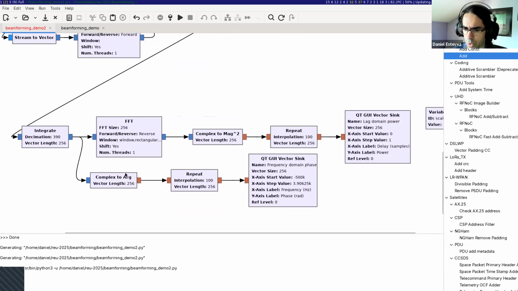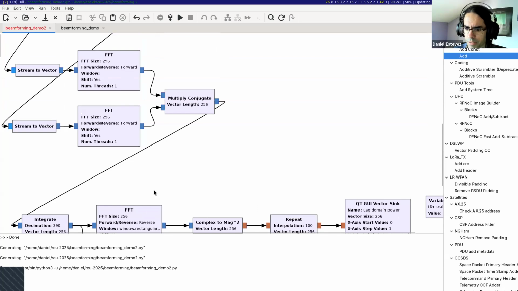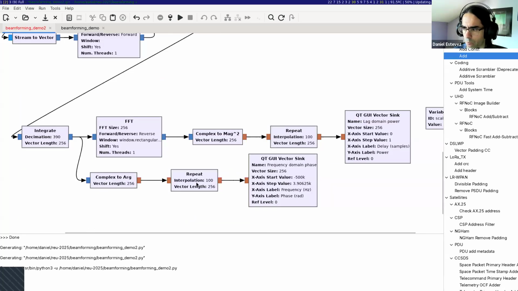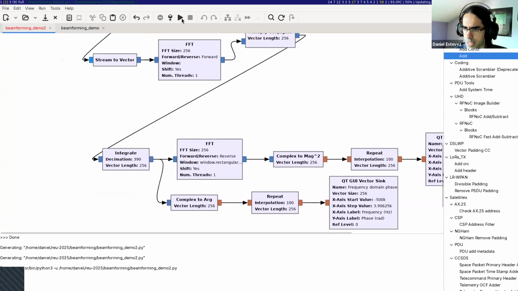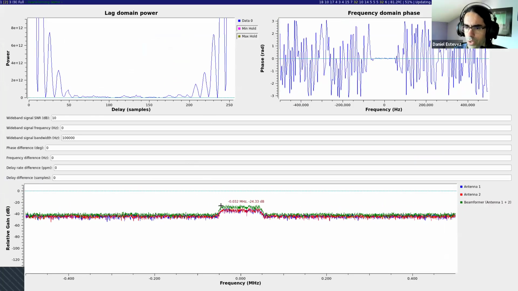The things I'm plotting are the phase, which is extracted with complex 2 argument. This is just the phase in radians. And then I'm doing an FFT, and I'm plotting the magnitude. Importantly, this is an inverse FFT. These were forward FFTs, and this is an inverse FFT. So let's see how this works.